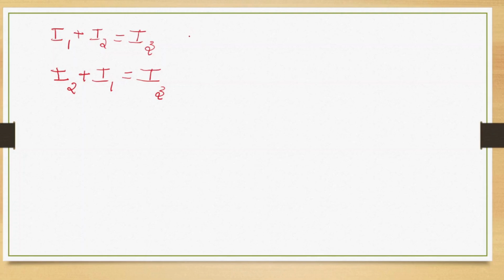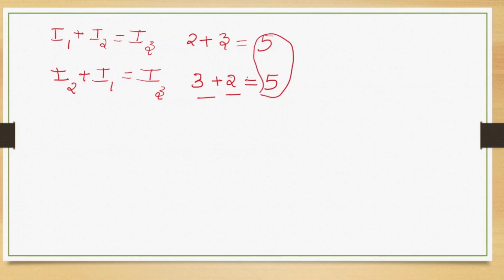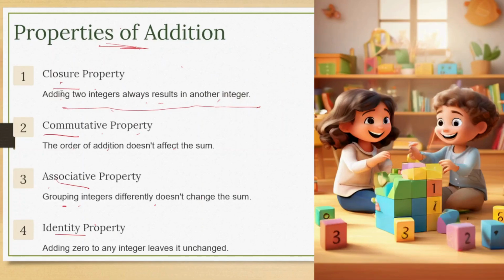That is, if we add 2 plus 3, what is the result? 5. If we add 3 plus 2, that is, the order is changed, what is the result? Yes, 5. That is, if we change the order, the result will not change. So addition satisfies the commutative property.